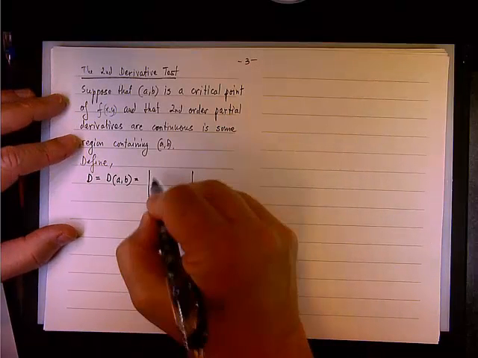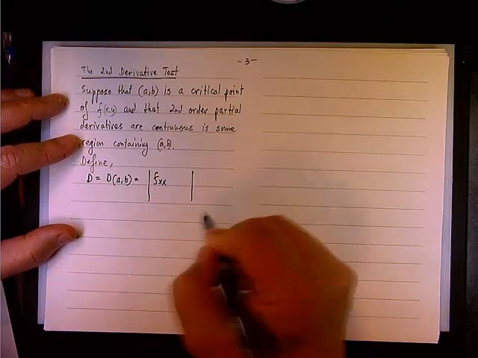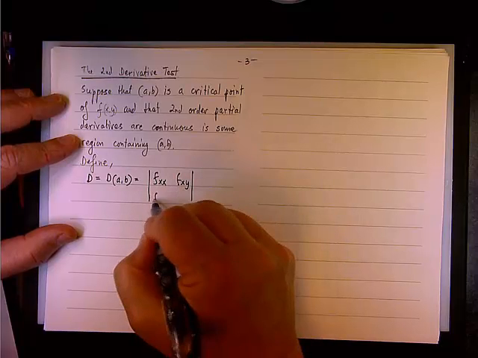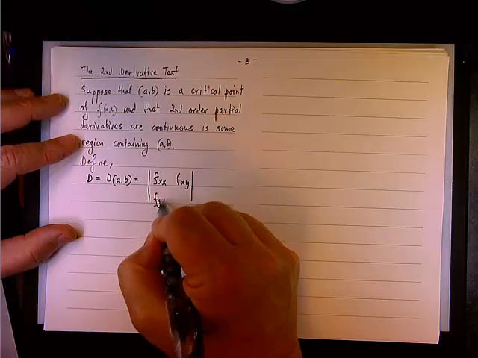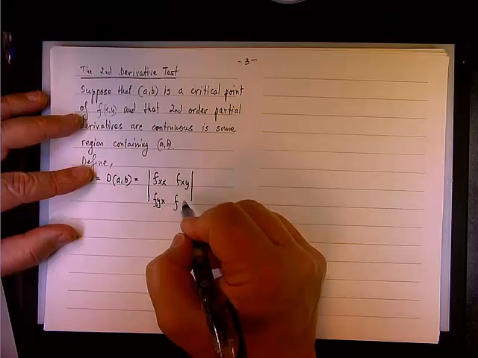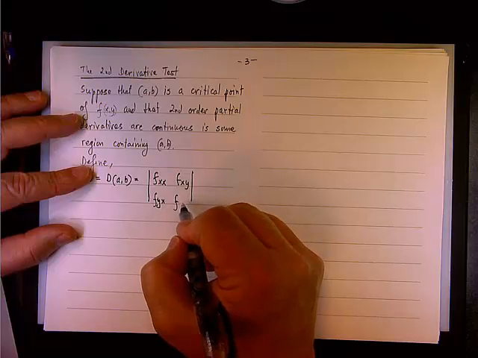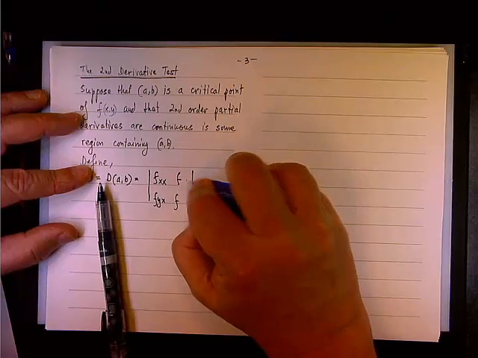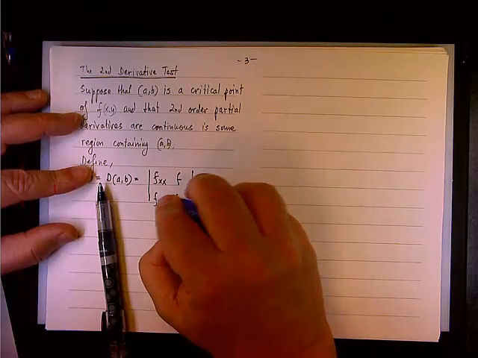It is the determinant of this. You remember the second order will be f xx, f xy, f yx, and f yy. Let me write it differently.